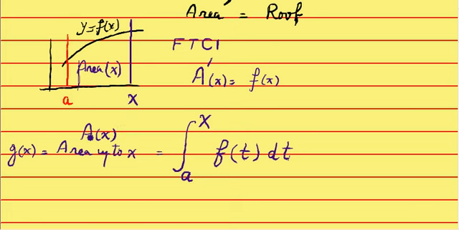Either way, if you call it a or you call it g, what the fundamental theorem says is that if you differentiate g, or in my choice, if I differentiate a, either way, I'm going to get the function f evaluated at whatever you are evaluating these functions at. It will be f of x.